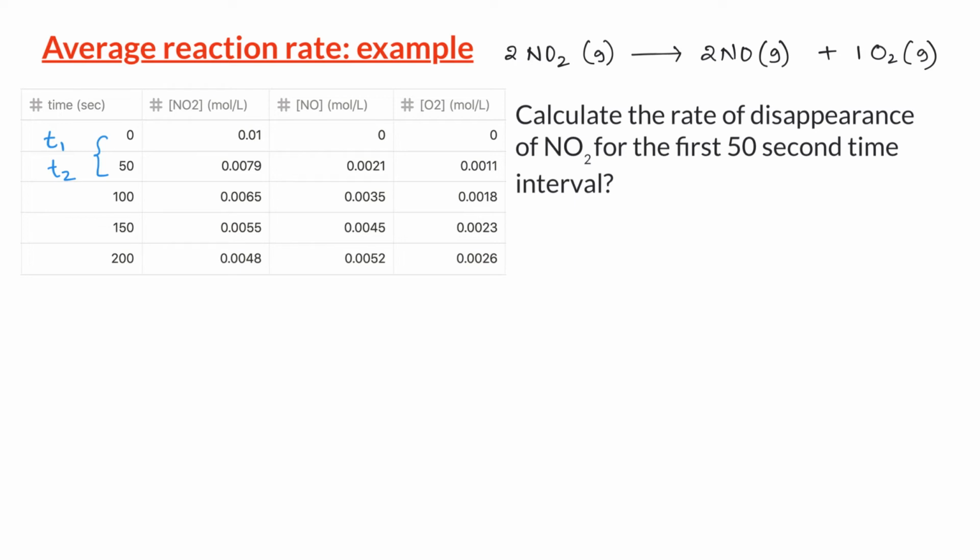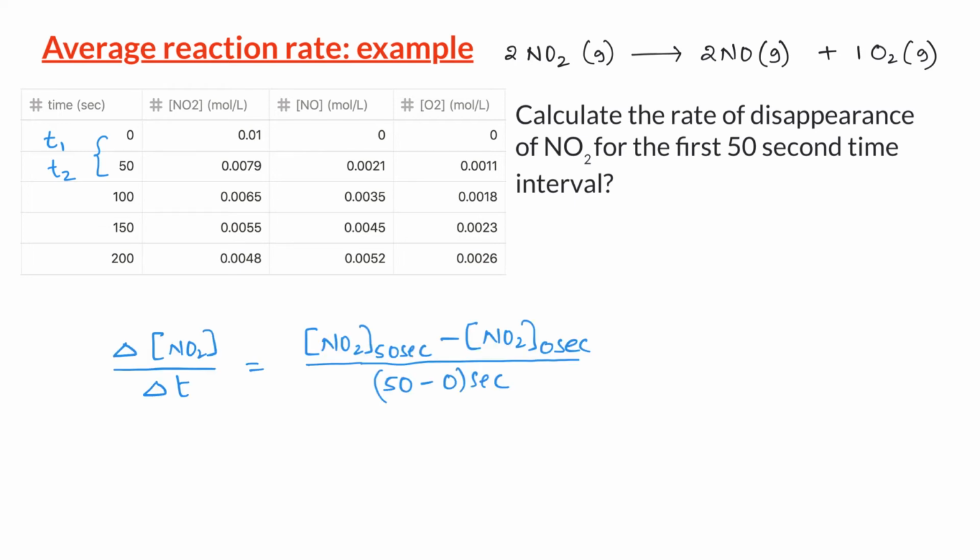According to the formula, the rate of disappearance of NO2, that is delta concentration NO2 divided by delta T, is equal to the concentration of NO2 at 50 seconds, which is 0.0079 molar, minus the concentration of NO2 at 0 seconds, which is 0.01 molar, divided by t2 minus t1, that is 50 minus 0 seconds.